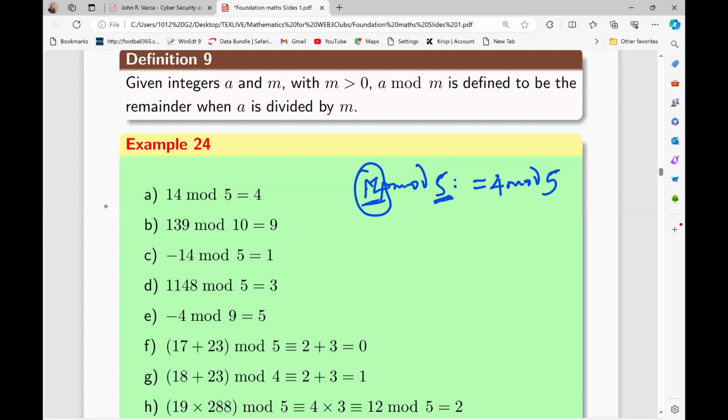Divide by 5 and write the remainder. This number is bigger than the divisor. So instead of somebody writing 139 mod 10, what this person is supposed to be writing is the remainder, which is 9 mod 10.